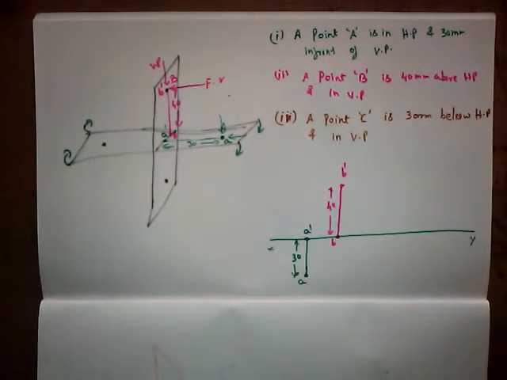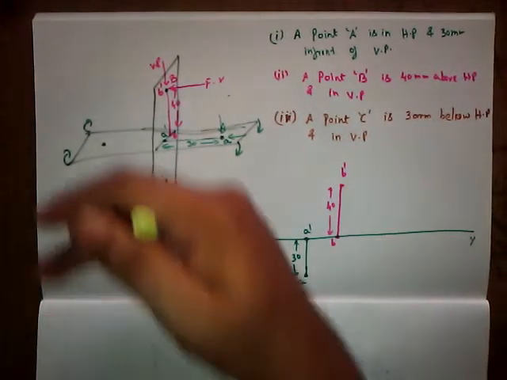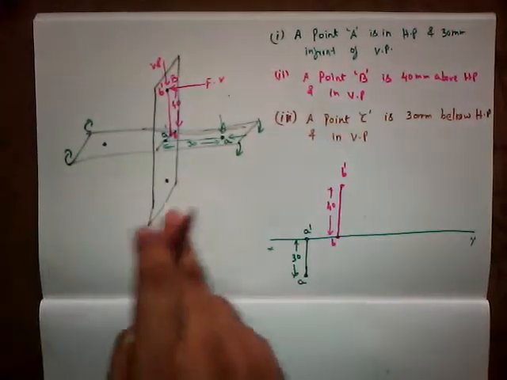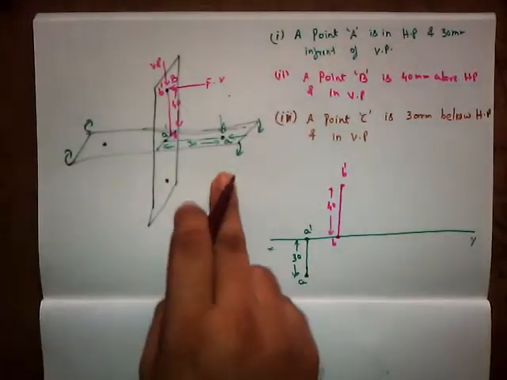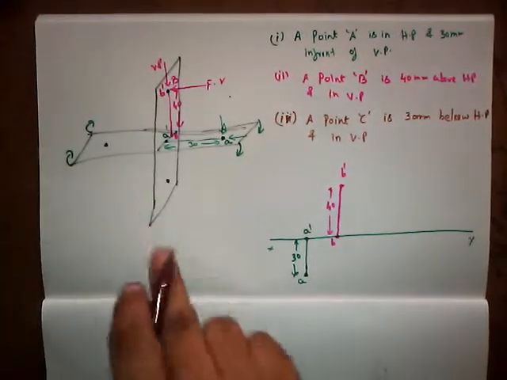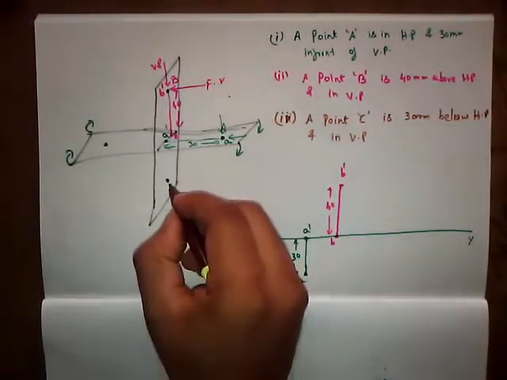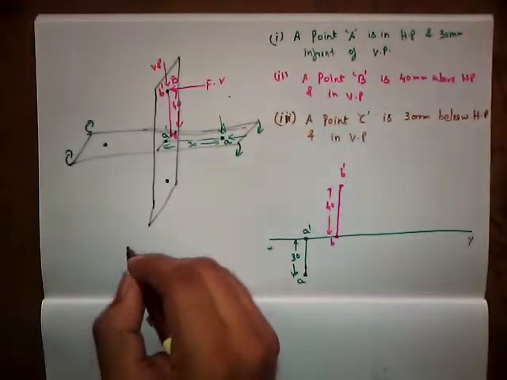Right, so as I said, the point is 30 mm below HP, so it can be anywhere in this space, either in the third quadrant or fourth quadrant, or else over here. But the second part he gave is that it is in VP, so this is going to be our required combination.